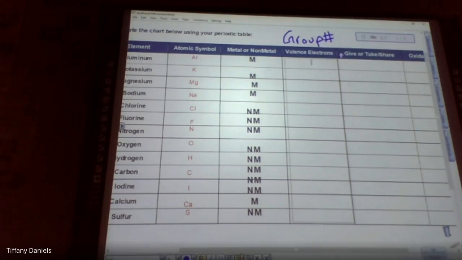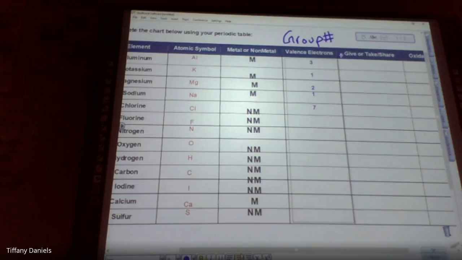All right. What group number is aluminum in? 3. How about potassium? And magnesium? Sodium? Chlorine? 17 or 7. Once you get into the teens, just subtract 10.